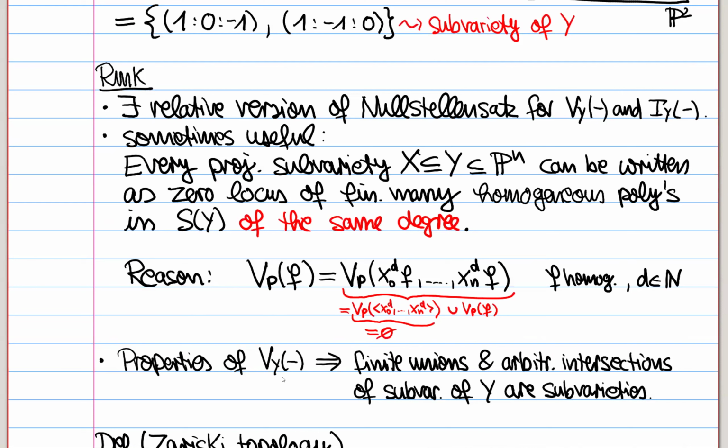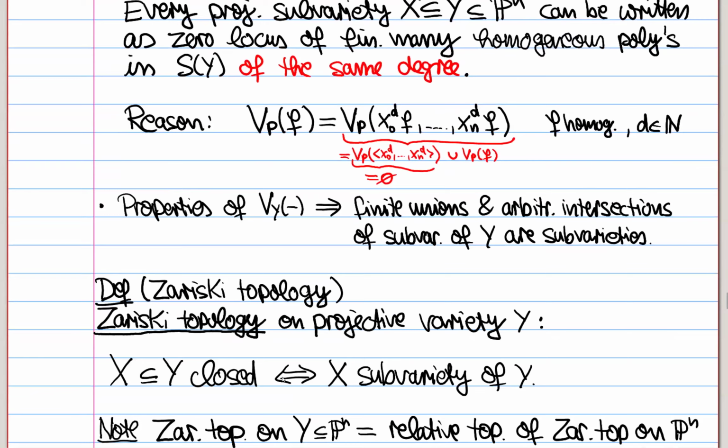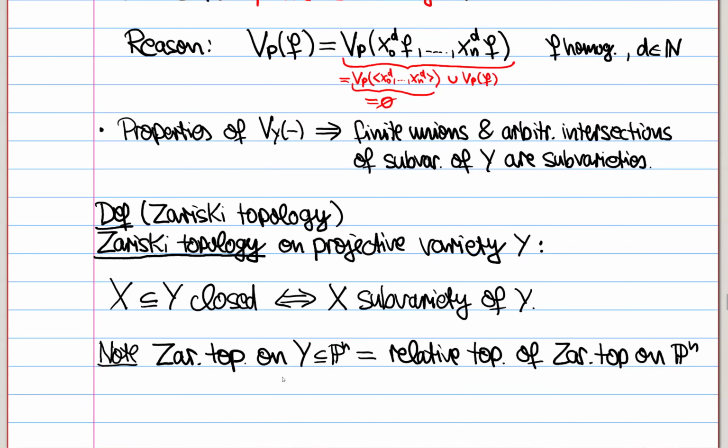Well, this just means that the subvarieties of Y form the closed sets of a topology, and this will indeed be the Zariski topology. So we define the Zariski topology on this projective variety Y by saying a subset X of Y is closed if and only if X is a subvariety of Y.